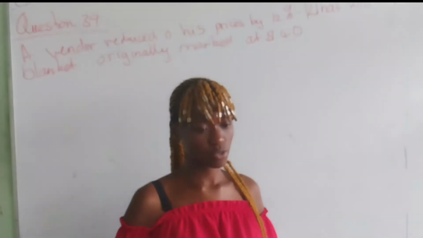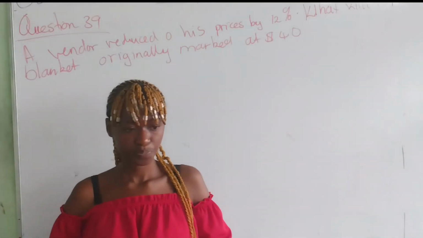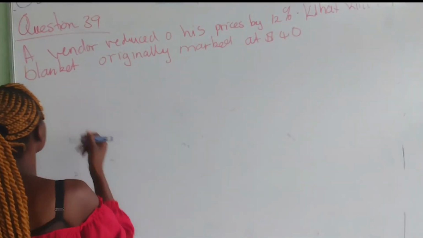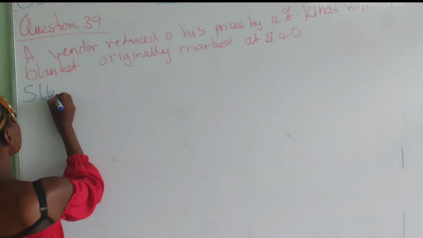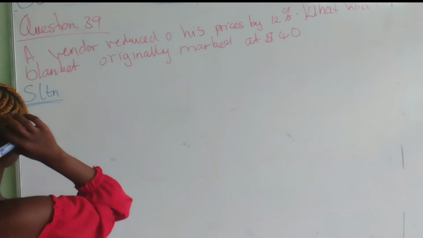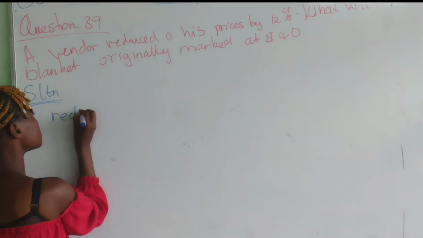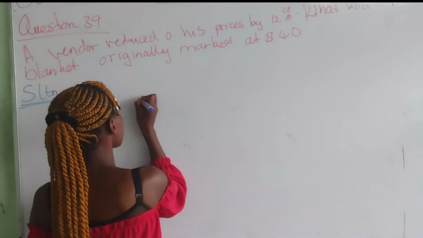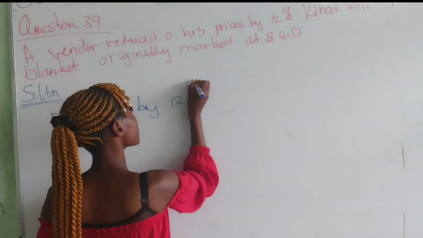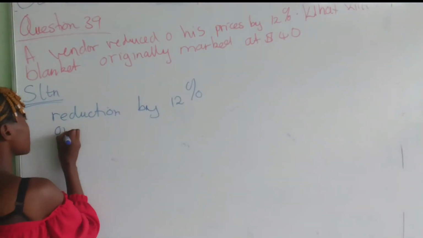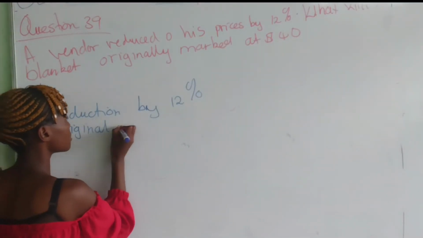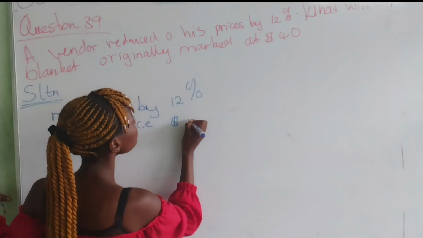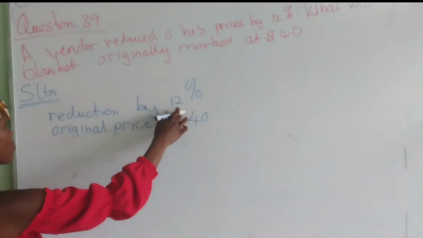Find the price of the blanket originally marked at $40 if it is reduced by 12%. So we know that, solution, the reduction of his price is by 12%, the original price was marked at $40.